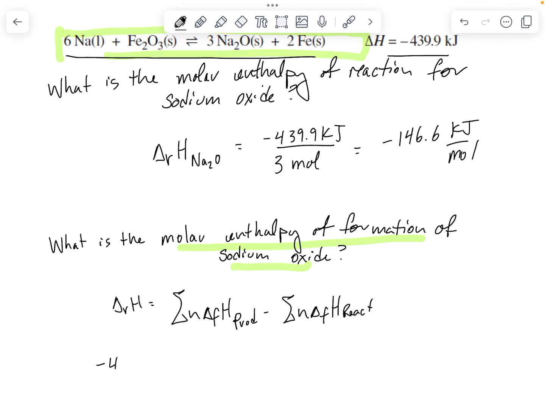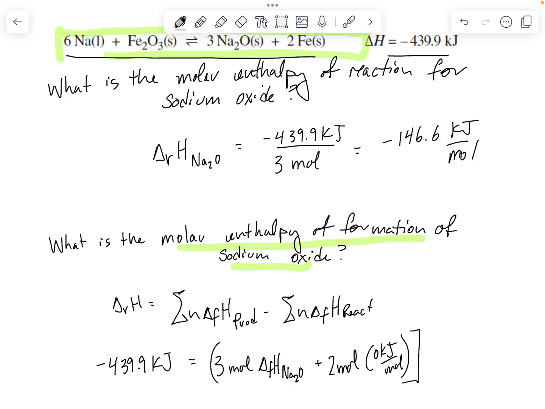So my negative 439.9 kilojoules is going to be equal to 3 mole times the formation enthalpy of my sodium oxide, that's what I'm trying to find, plus 2 mole times the formation enthalpy of iron, which is an element, so it's 0 kilojoule per mole.